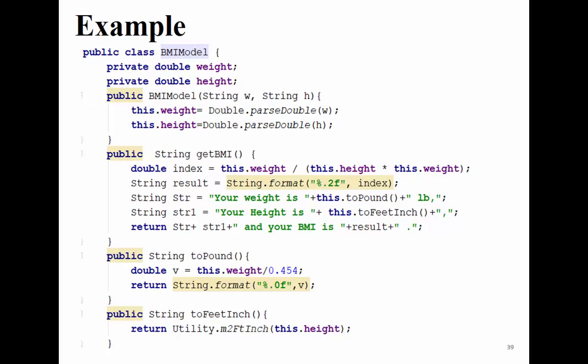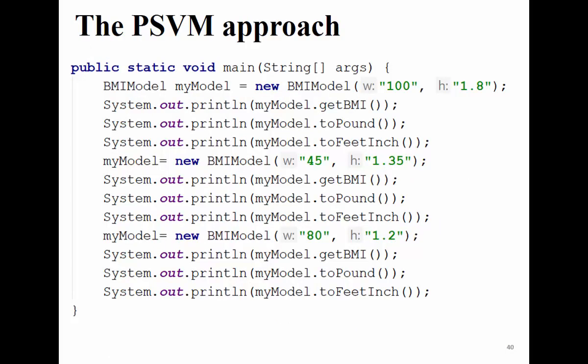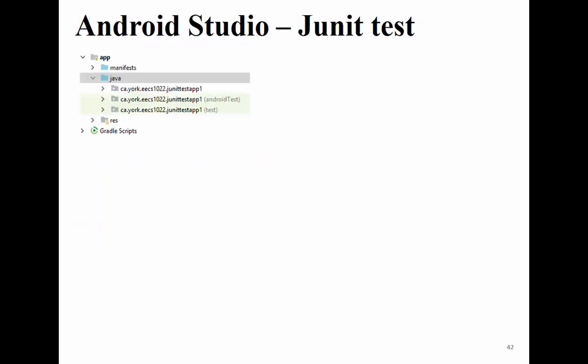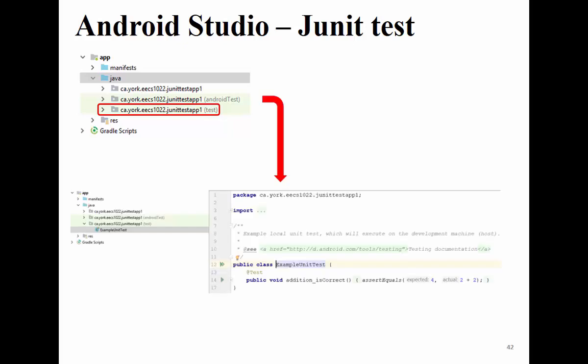This is an example that we discussed in case the demo was not working, but actually it worked. So everybody built the BMI models, and you create the test using a main method approach, where you print the output and check the output, or you can have the JUnit test by going to testing and then creating a new class.